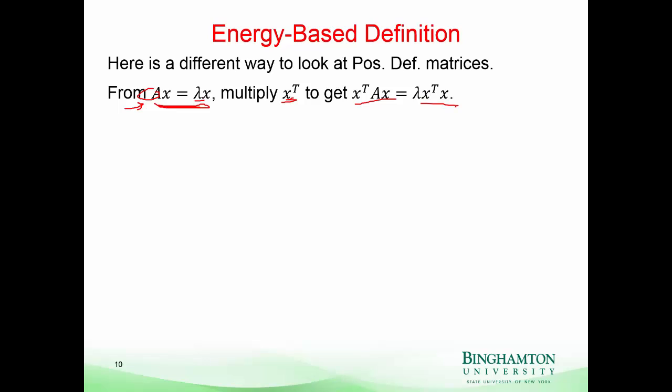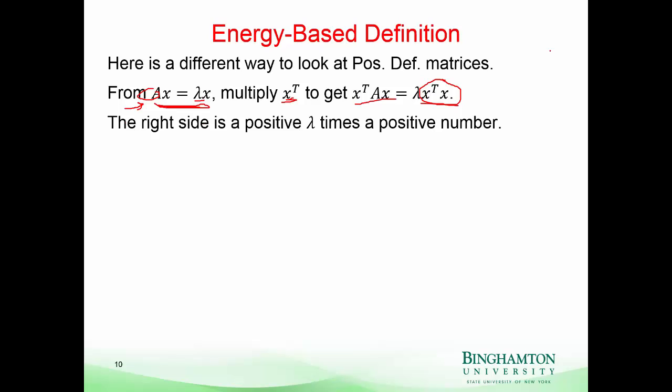By now you should start seeing patterns when we start doing these things. And when you see this, you should go, aha! That's the norm, well, norm squared anyway, of the vector. So the right side is a positive lambda times a positive number, right? The norm is positive. And here we're assuming that we have a positive definite matrix. So lambda is positive.